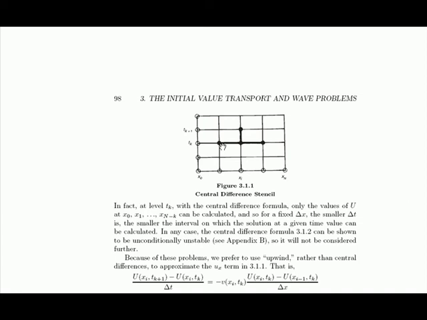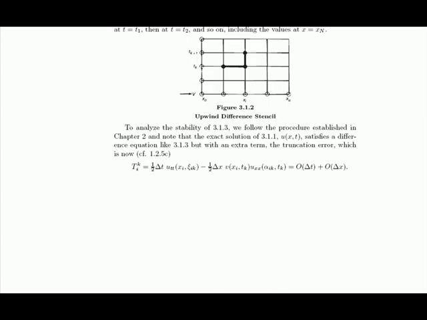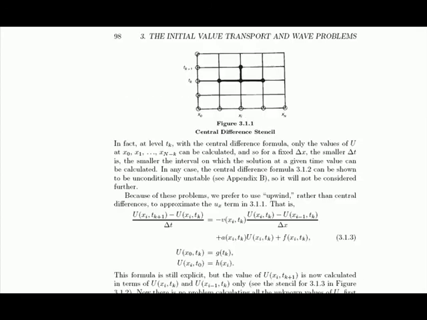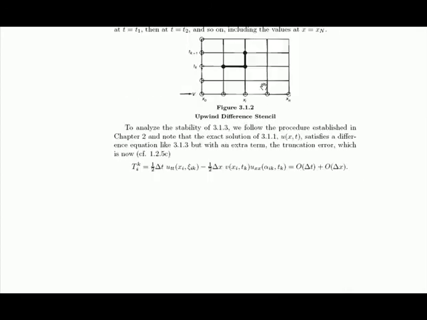That's one possibility. Another possibility would be what's called an upwind approximation, where we approximate still the time derivative the same way, the Euler approximation as always. The space derivative, though, we could approximate by u xi minus u xi minus 1 over delta x. That's called the upwind difference method.